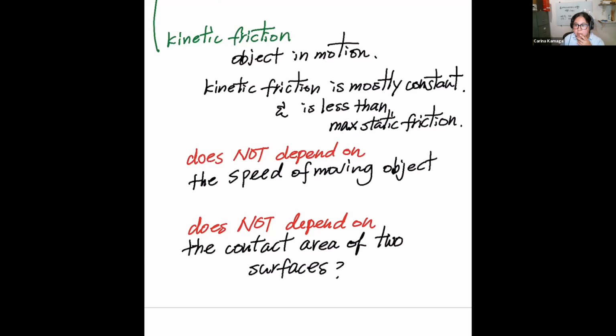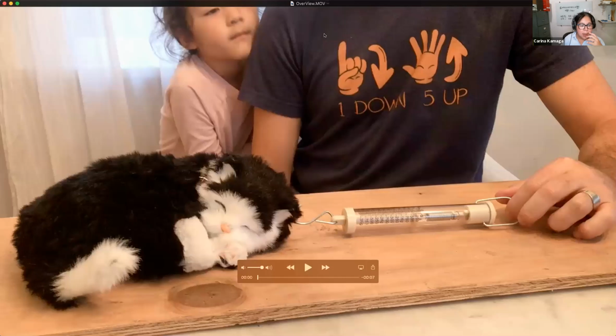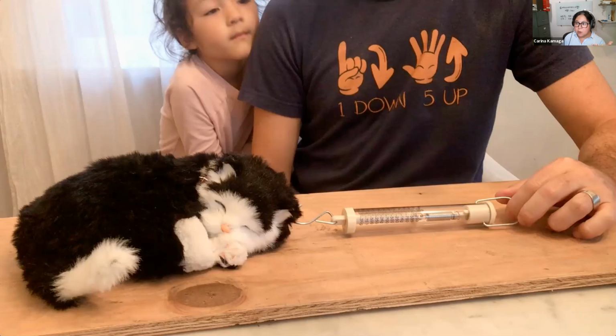Let me show you the demonstration here. I have this stuffy cat. It's not a real cat. And here you see the scale to measure the force. What's the unit of the force? The unit of the force is Newton, right?